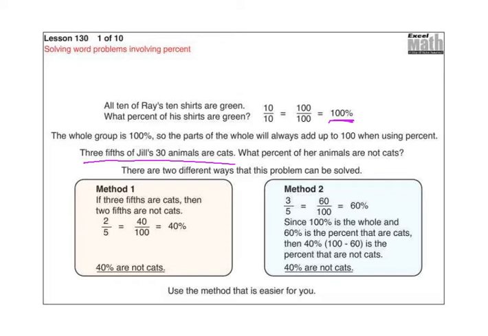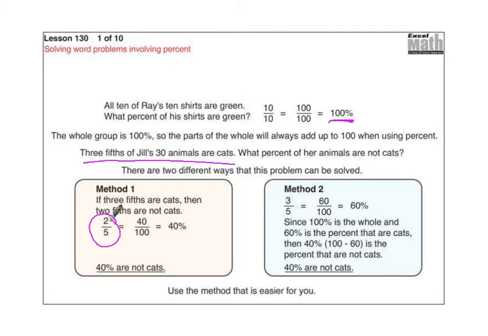No. Well, 3/5 is a fraction, which is like a percent, right? We don't care that she has 30 animals. We don't care that she could have 1,000,000 animals, but they want to know what percent are cats. Doesn't matter how many animals she has, right? So 3/5 of the 30 animals, but they want to know what percent are not cats.